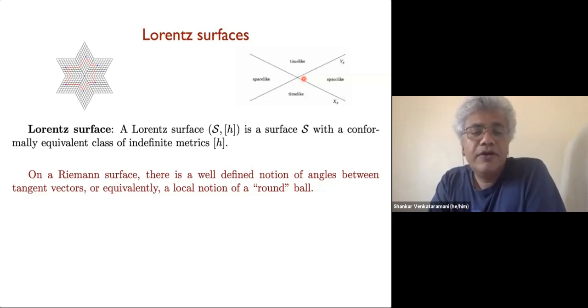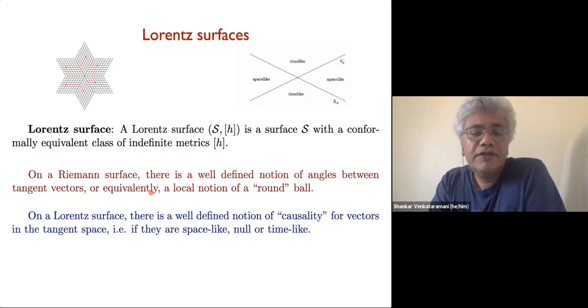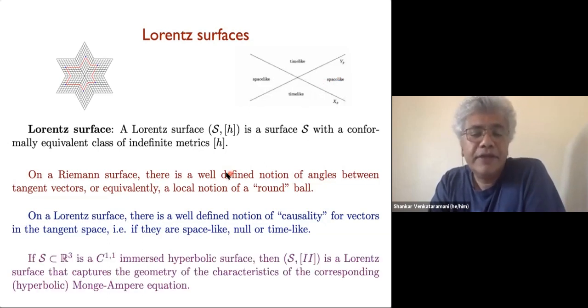Okay? So on a Riemann surface, there's a well-defined notion of angles between tangent vectors, not their size, or equivalently the local notion of a round ball. On a Lorentz surface, there's a well-defined notion of causality. So you can define whether vectors are space-like or time-like, but not really a notion of length. Okay?